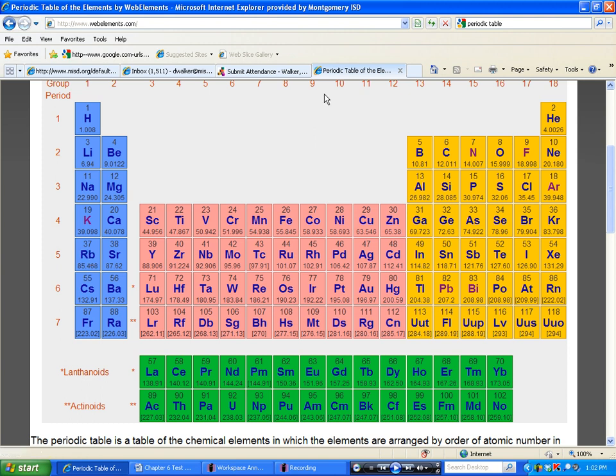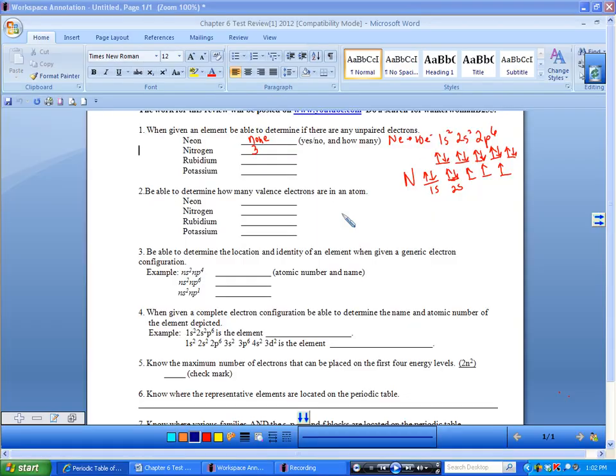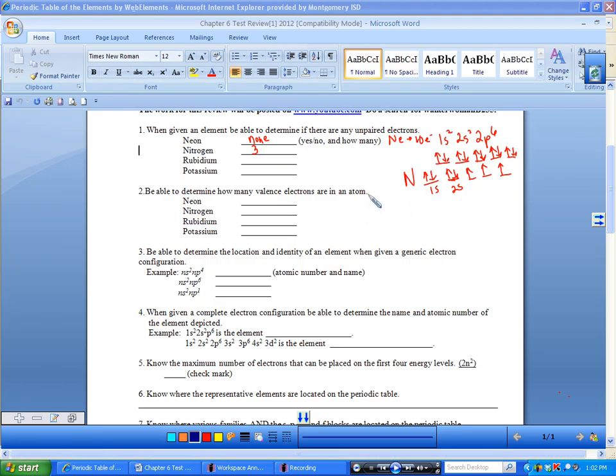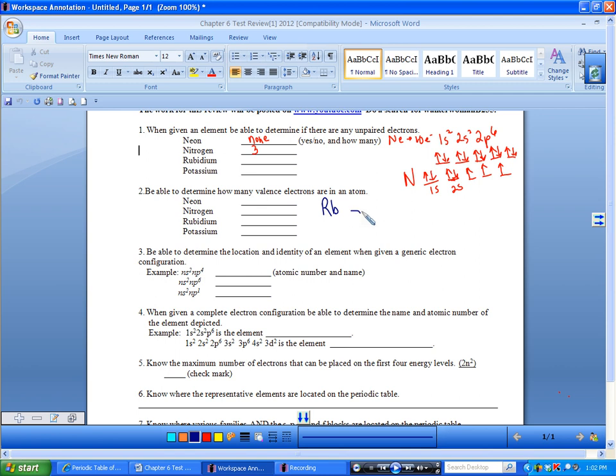If you don't understand that, draw it out. So let me show you how to do that. So rubidium has 37, I think is what I told you guys? Yes, 37. So I'm going to look at it. And I'm just going to work down here because I have more room. So there's my rubidium, 1s, 2s, 2p. And then I go to 3s. After 3s, I go to 3p.